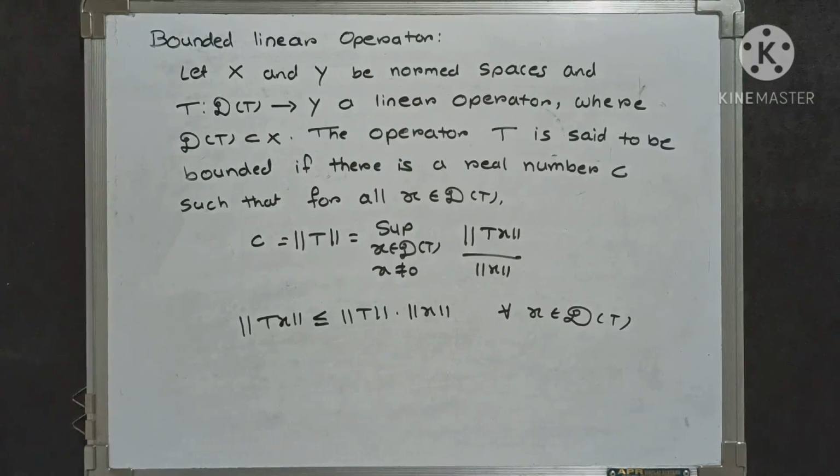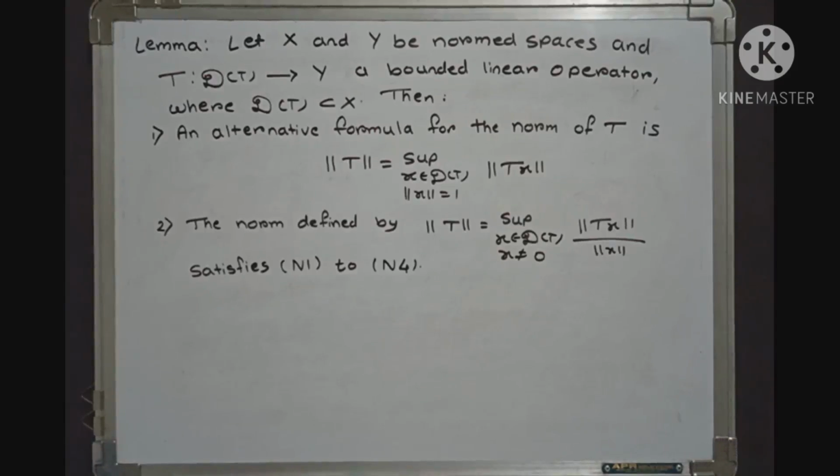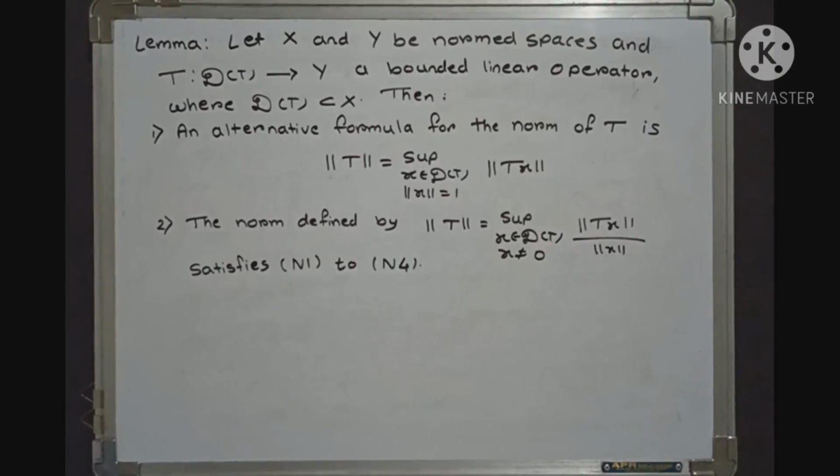Now after this we have the lemma about the bounded linear operator. The statement of the lemma is: let X and Y be normed spaces and T from D(T) to Y a bounded linear operator, where D(T) is a subset of X. Then we have to show that an alternative formula for the norm of T is the norm of T equals the supremum over x belonging to D(T), norm of x equals 1, of the norm of Tx.